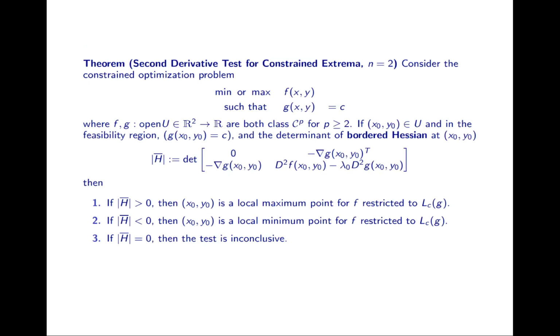So my second derivative test for constrained extrema, again, in the case that n is equal to 2, is given by when we want to minimize or maximize f such that a constraint g is equal to a constant, right? So x and y are real numbers.